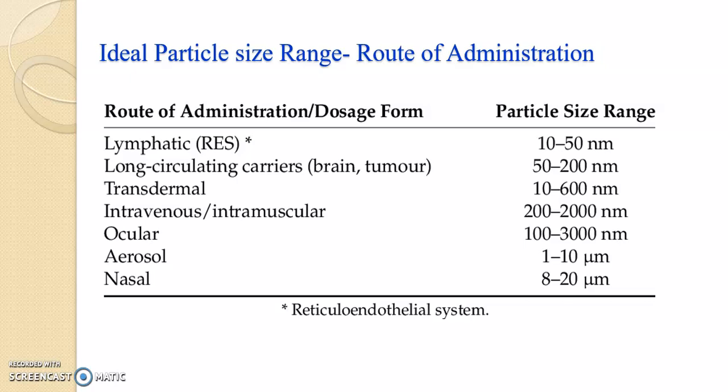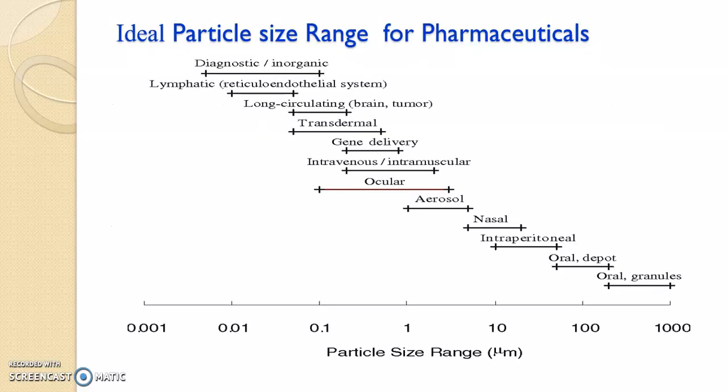So in this table, we come to know that particle size plays a very important role in designing stable and therapeutically efficient dosage forms. This slide represents the pharmaceutical dosage forms with particle size ranges right from 0.01 micrometer, that is the diagnostic agents and lymphatic drug delivery systems, to the granules, which range up to 1000 micrometer.